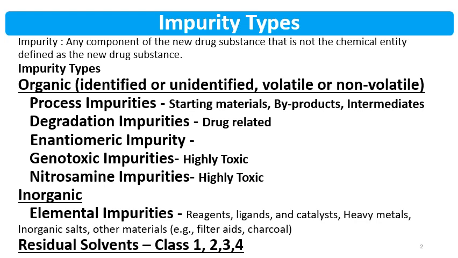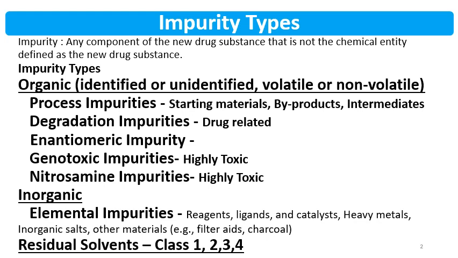Impurity types: mainly we can divide the impurities as organic impurities and inorganic impurities. Then residual solvents are also impurities. But always remember, the qualification is done only for the organic impurities.